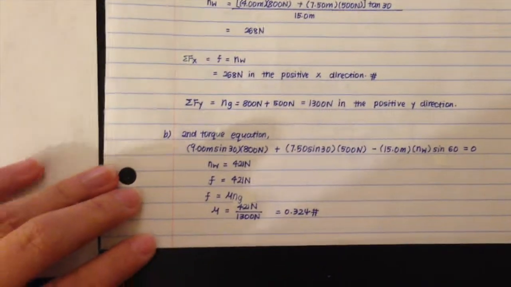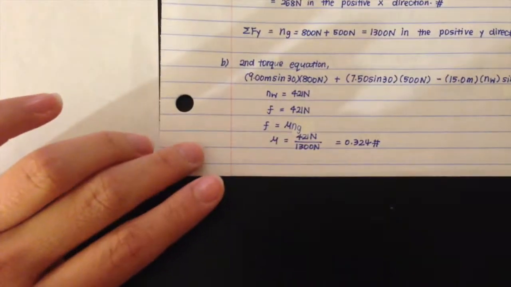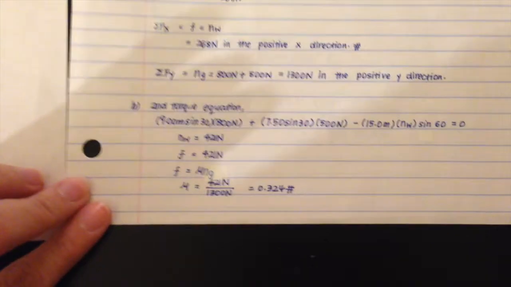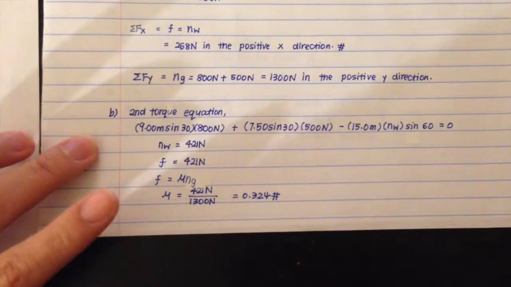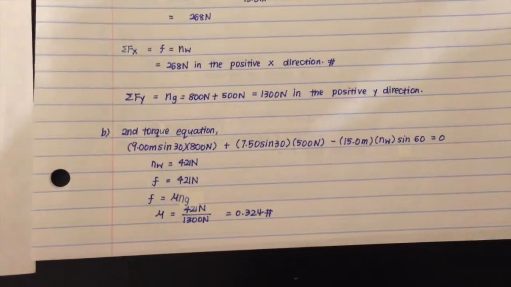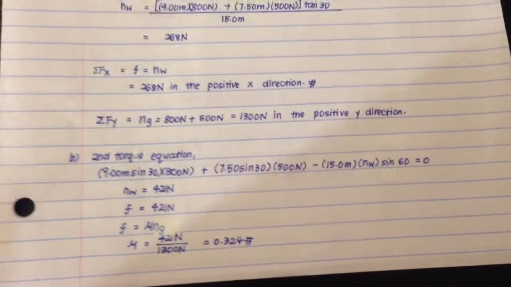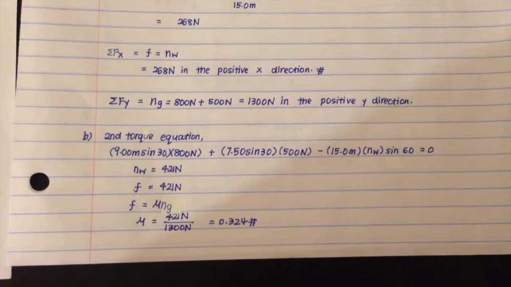direction. Part B asks us to find the coefficient of static friction between the ladder and the ground when the firefighter is 9 meters from the bottom. I have to set up a new torque equation since the firefighter is now standing 9 meters from the bottom, instead of part A, where he is standing 4 meters above the bottom.